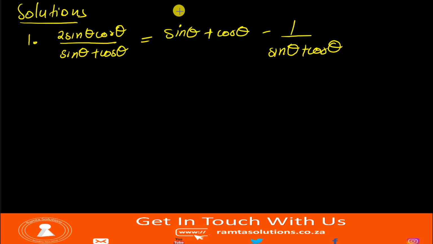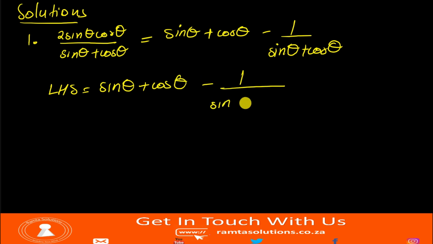You know, when you go step by step, you can simplify it. And that one is the left-hand side. So at the end, we must prove that the left-hand side is equal to the right-hand side. So in this case, we will say left-hand side equals, you write it as it is, sine theta plus cos theta minus 1 over sine theta plus cos theta.